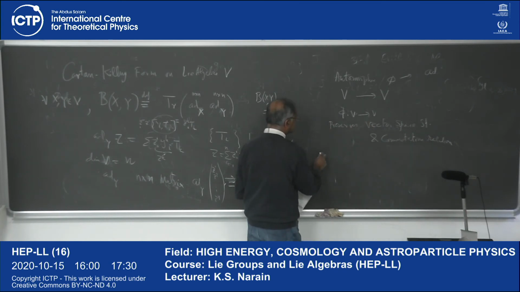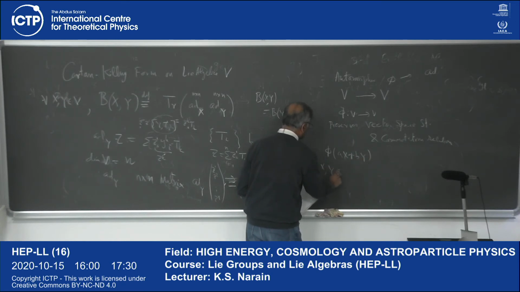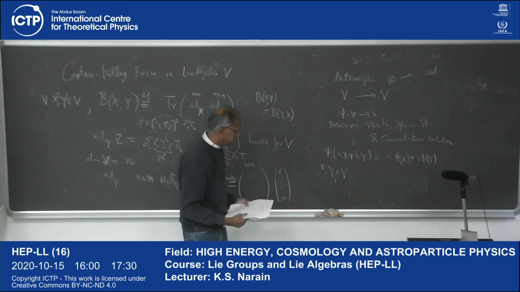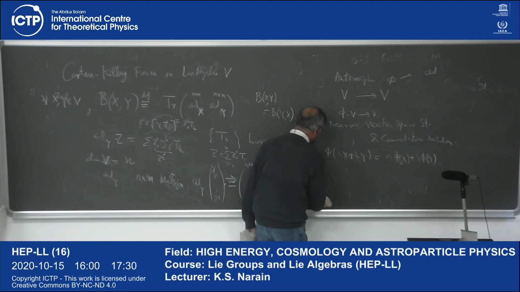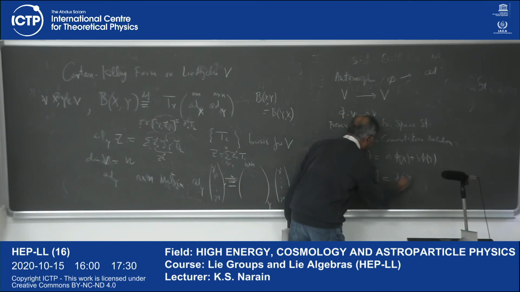The vector space structure is simply this: if I apply phi on ax plus by for arbitrary two elements x and y belonging to B, then that's the same as a phi of x plus b phi of y. So that preserves the vector space structure. And the commutator structure is the statement that if I look at phi of x commuted with phi of y, then that's the same as phi of the commutator of x and y.